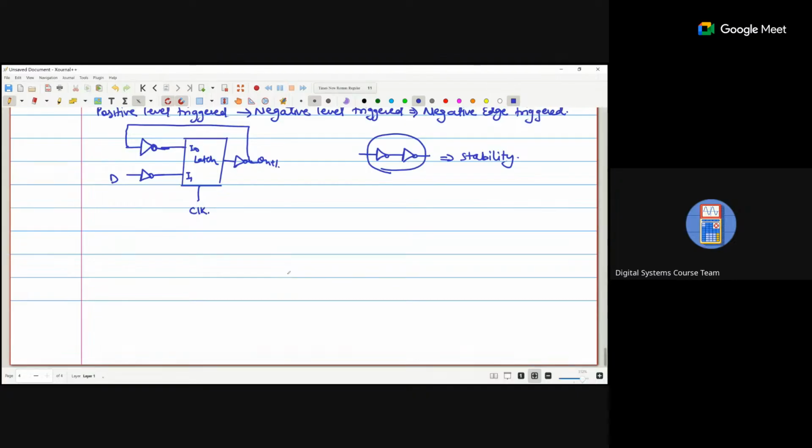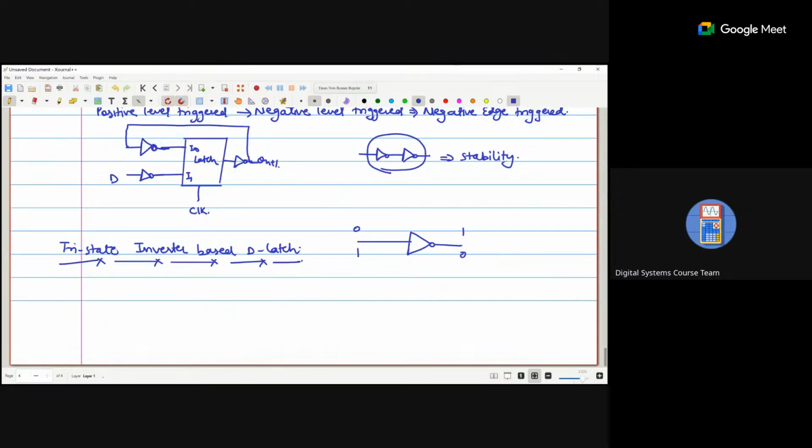Okay, now tri-state inverter based D latch. So we already discussed tri-state. What is a tri-state? We know that for the inverter, if we apply 0, we are getting 1. If we apply 1, we are getting 0.